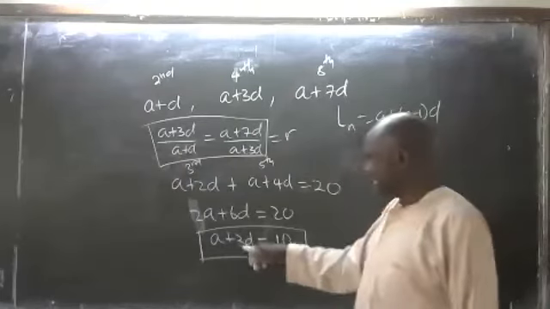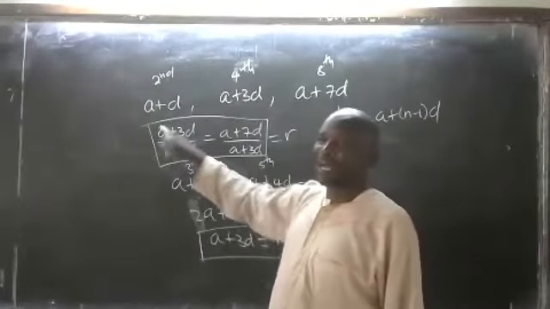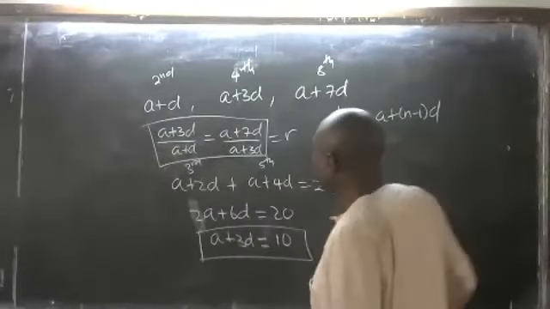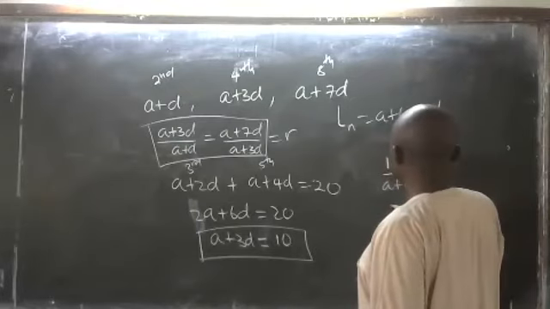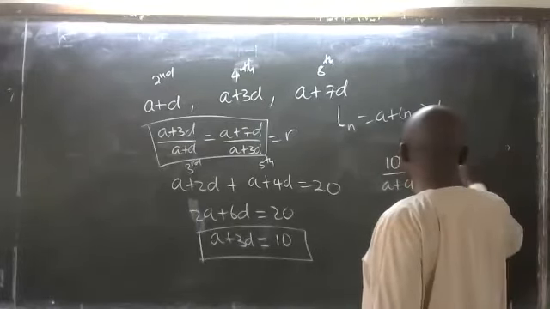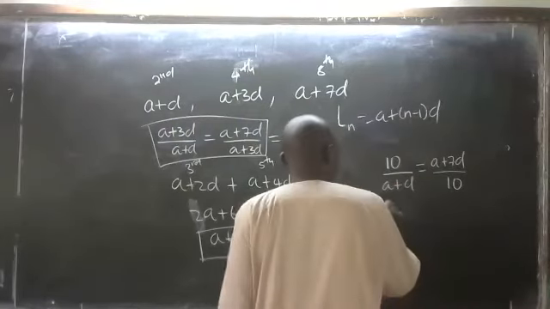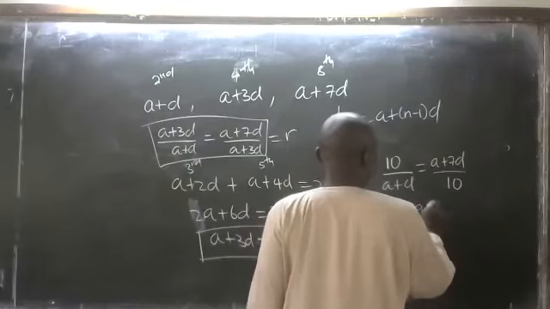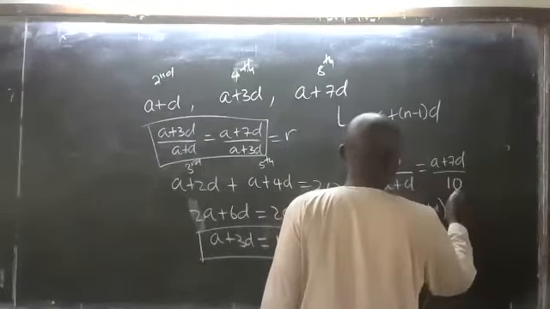Now from here, A plus 3D is 10. So where there is A plus 3D, you can put 10. And so therefore 10 over A plus D is equal to A plus 7D over 10. So you can cross multiply, have 100 is equal to A plus D times A plus 7D.